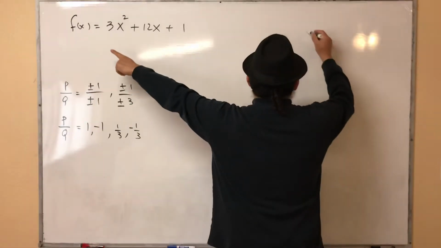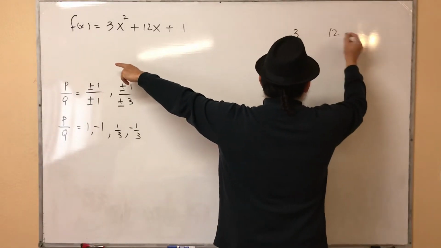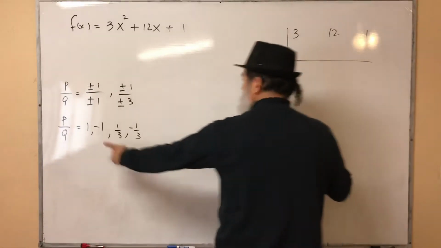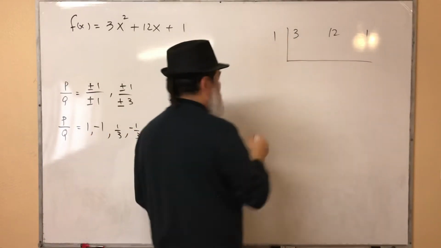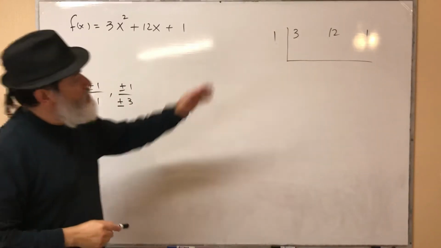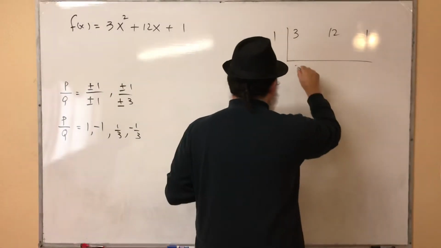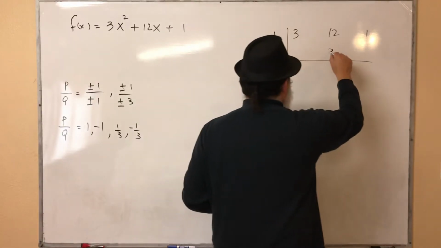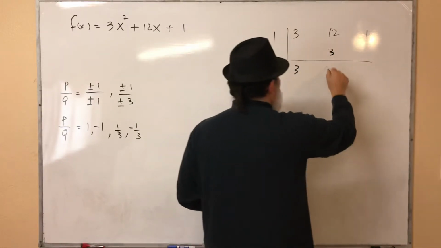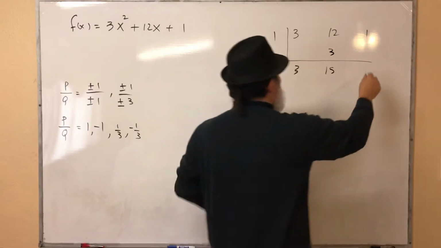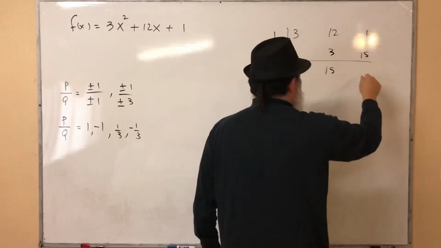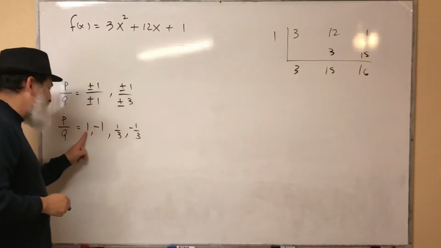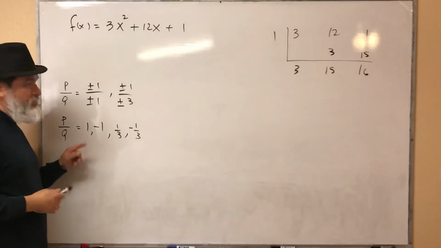So let's take 3, 12, and 1, and let's do synthetic division. Let's try 1 first. Bring down a 3. Multiply, 3. Add, 15. Multiply, 15. Add, 16. No. This is not a 0.